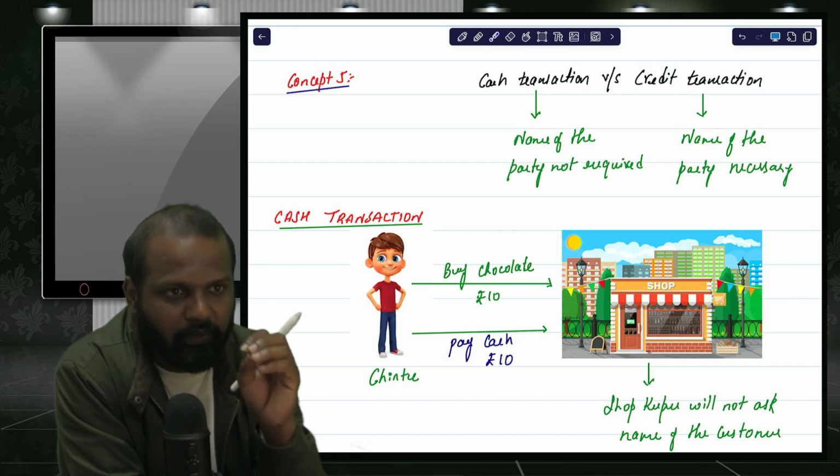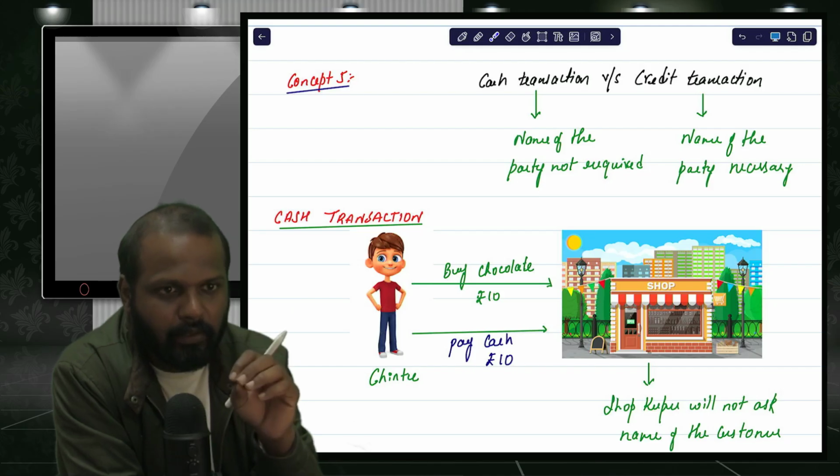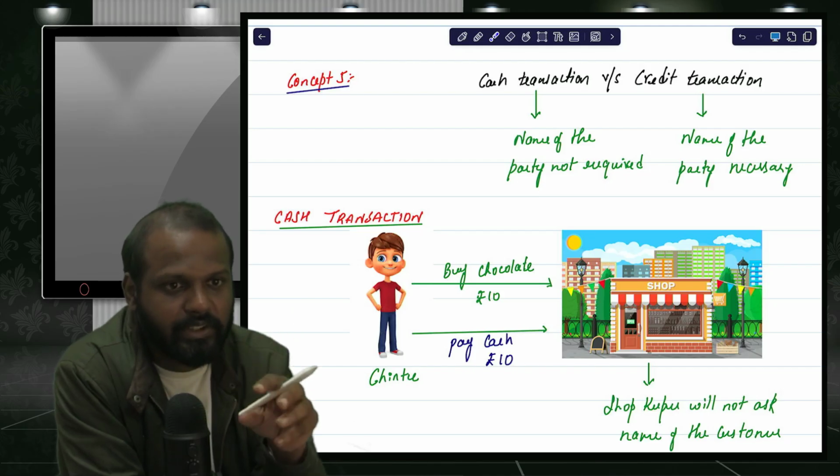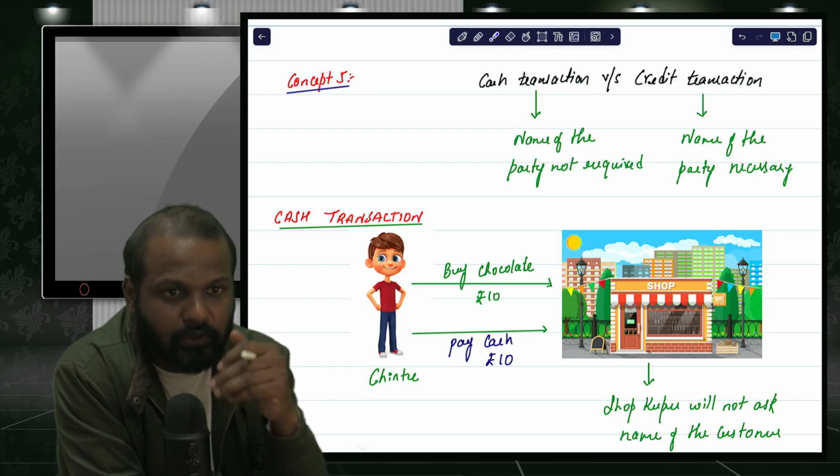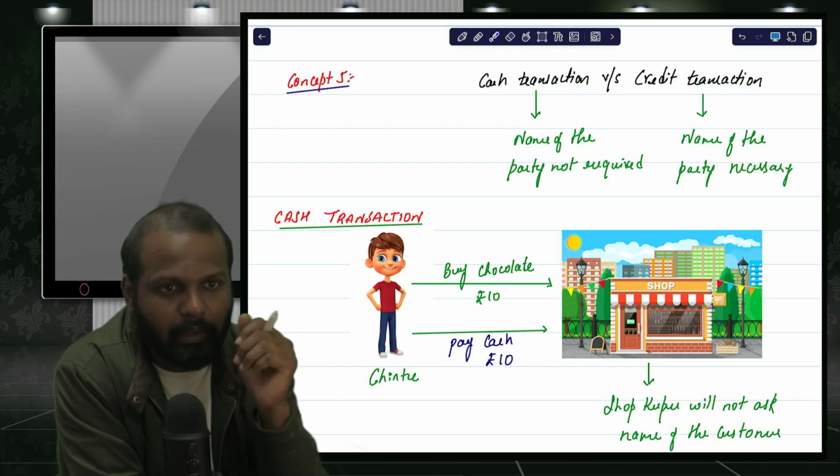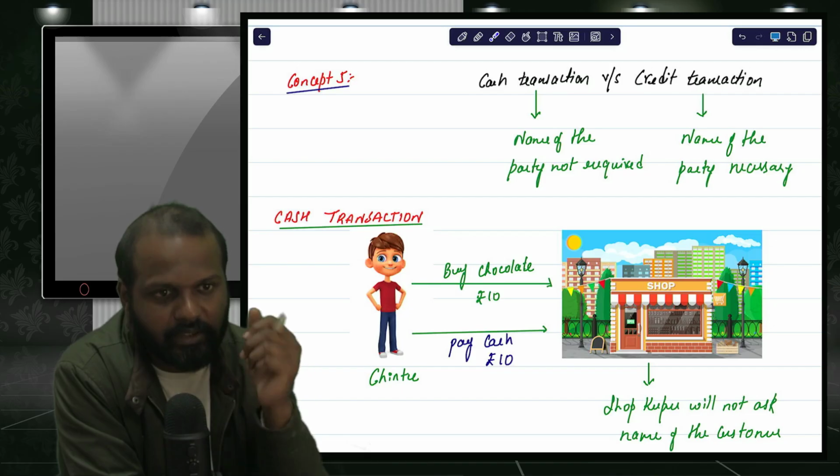Whenever I receive the money immediately, it is called a cash transaction. Let's say I purchase goods from the supplier and I paid money immediately to the supplier. So it is called a cash transaction.